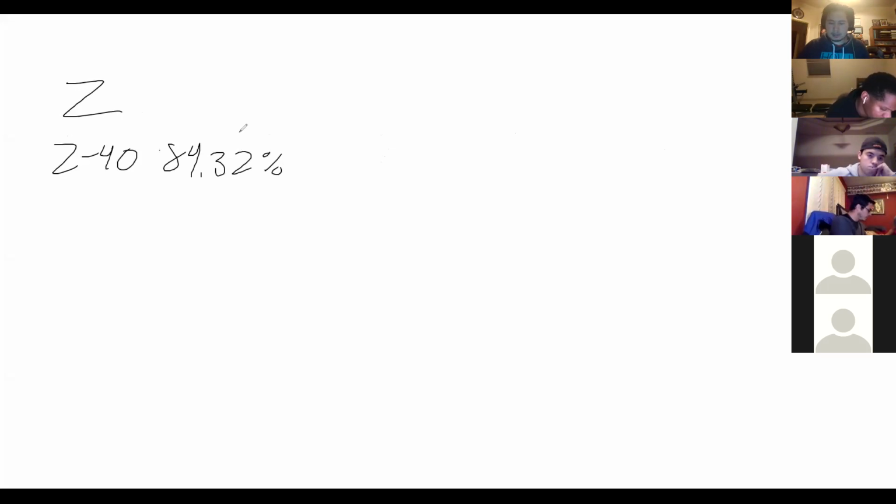On a planet in another solar system, there are 4 known isotopes of Z, with the following abundances. So we have element Z, and it's telling us how abundant each isotope is in terms of percentages. For Z40, it is 84.32% abundant.